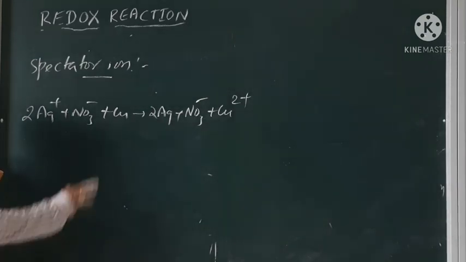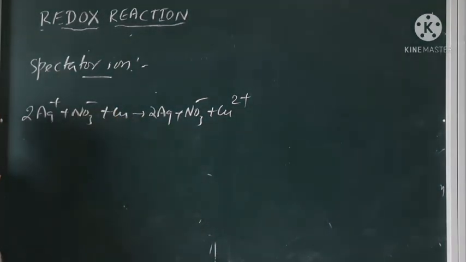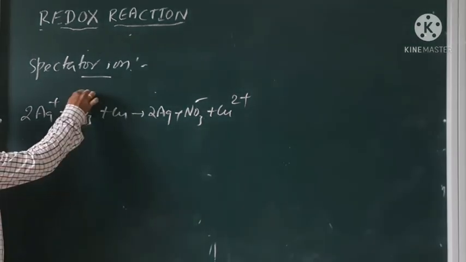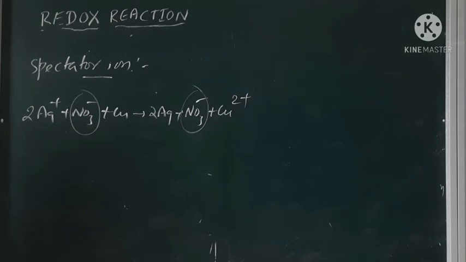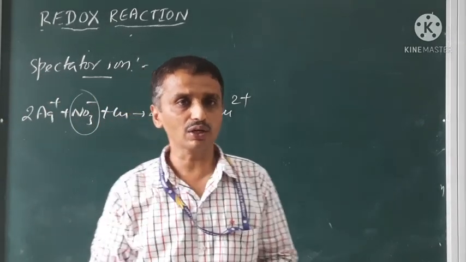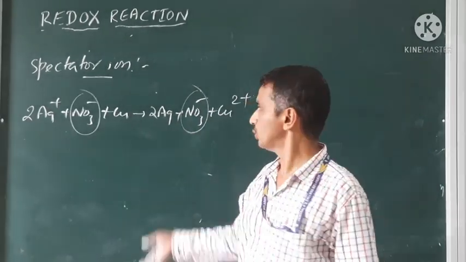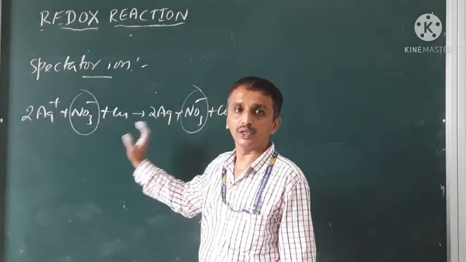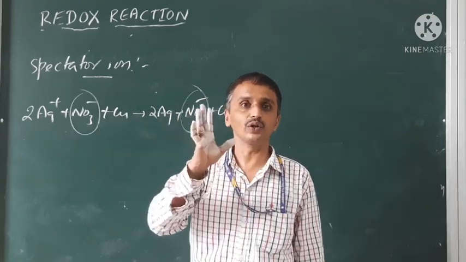See, in the reactant and the product NO3- is there, but it is not involved in the redox reaction. So this ion is called a spectator ion. If you go to watch a cricket match in the ground, you cannot play in the ground, you should be the spectator only. So in the reaction also NO3- will be there, but it will not be involved in the redox reaction. So it is a spectator ion.